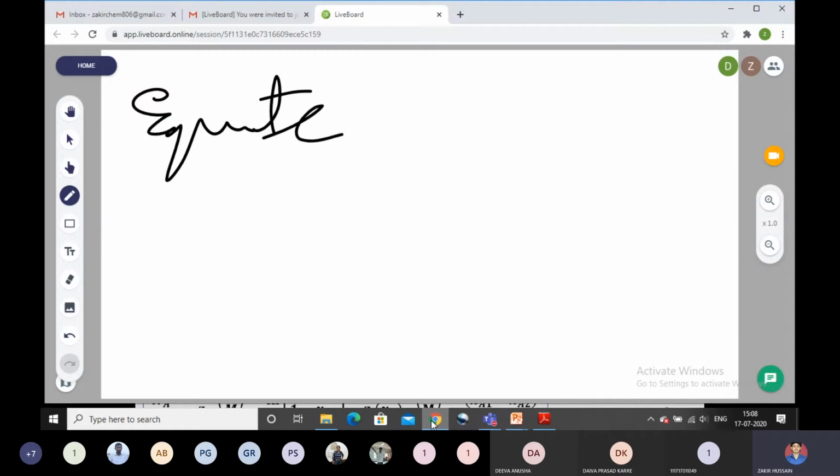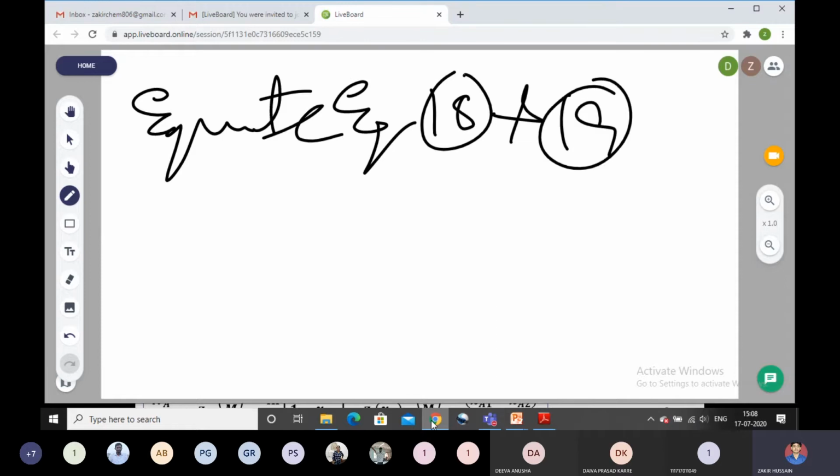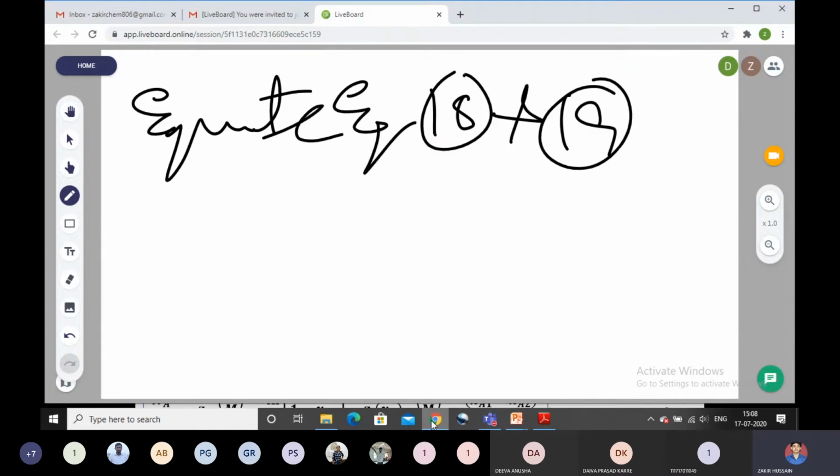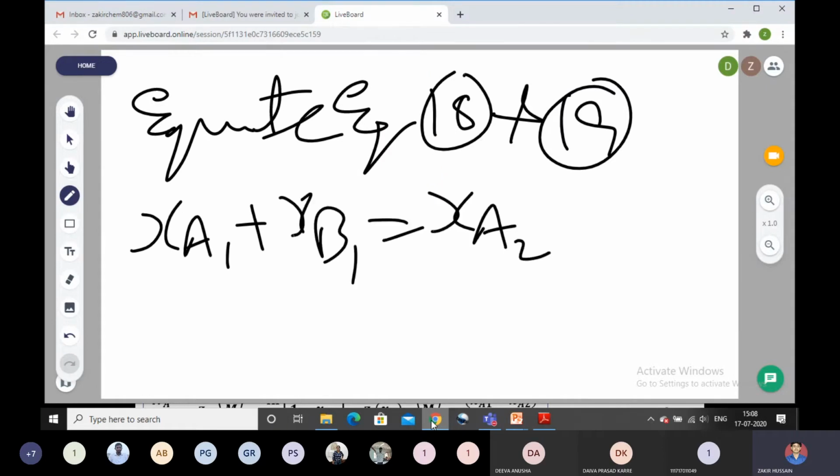Equation 18: XA1 plus XB1 is equal to 1. Equation 19: XA2 plus XB2 is equal to 1. So XA1 plus XB1 is equal to XA2 plus XB2.